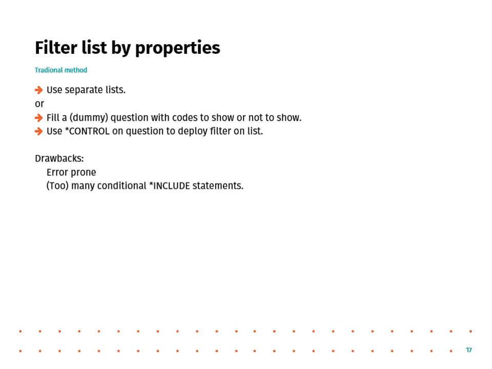This was then really an issue. I've seen questionnaires with thousands of lines just to check based on a country, for instance, which codes had to be included or not to be included in this dummy question. And apart from the fact that it's many lines and difficult to maintain, it's also pretty error prone.